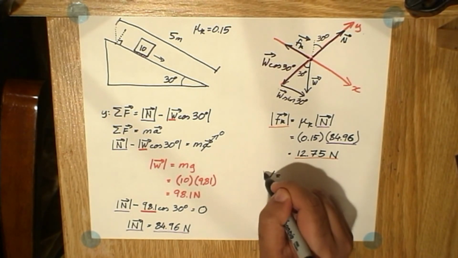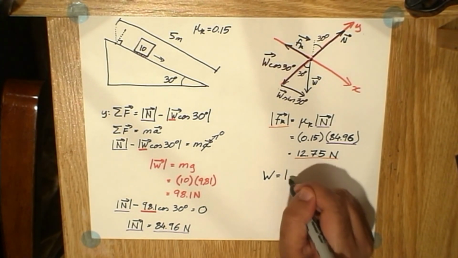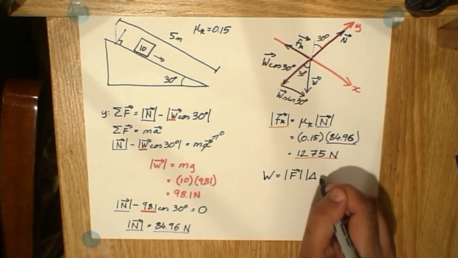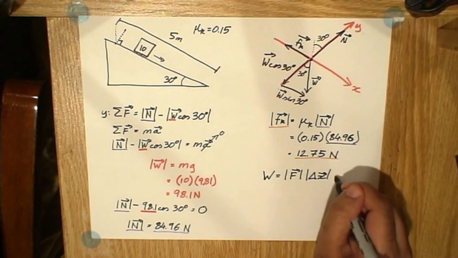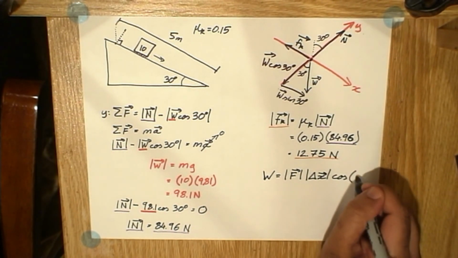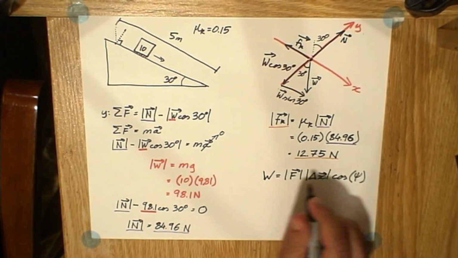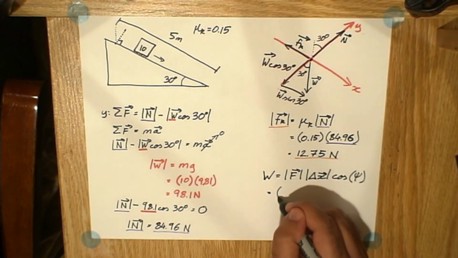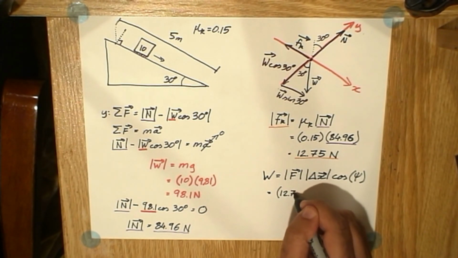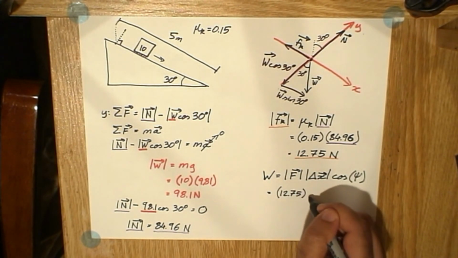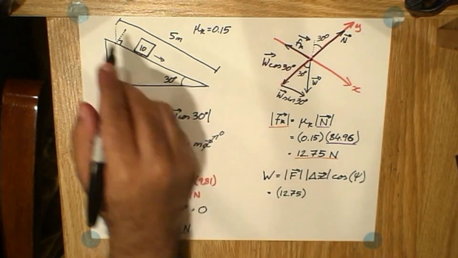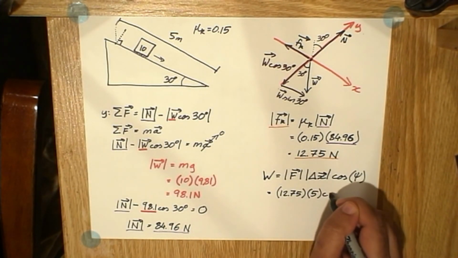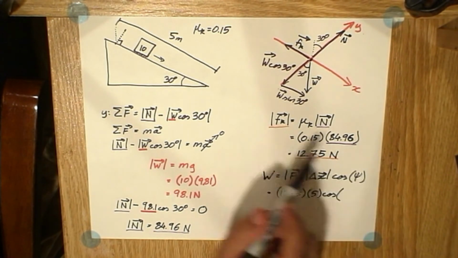The work of friction is given by the force of friction multiplied by the displacement of the object multiplied by the cosine of the angle between them. So the size of the force of friction is 12.75. The displacement of the object is 5 meters times the cosine of the angle.